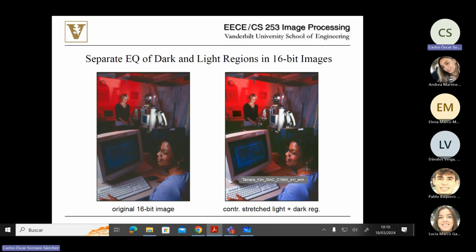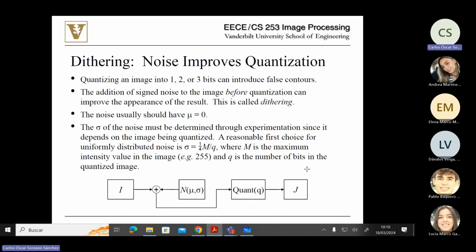We have seen that normally adding noise is not a good idea. Noise is something that we want to eliminate, not something that we want to add. But there is a particular application where adding noise is useful, and that is when you want to reduce the number of gray values.